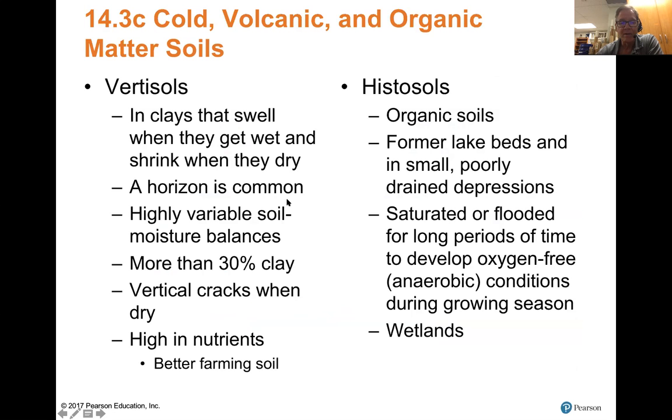They're going to have A horizons, heavy in clay, for example. The histosols are organic ones. They're generally found in former lake beds, and they've been saturated for long periods of time, and you get what we call oxygen-free anaerobic growing conditions. And this is your wetlands.